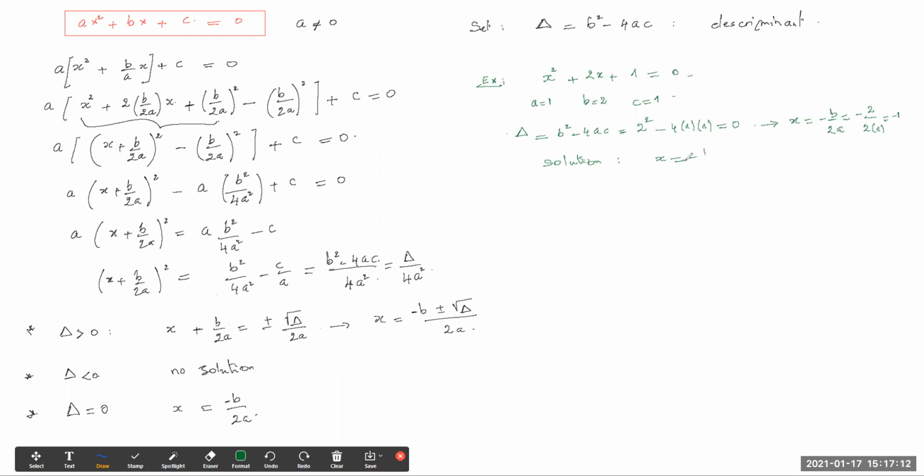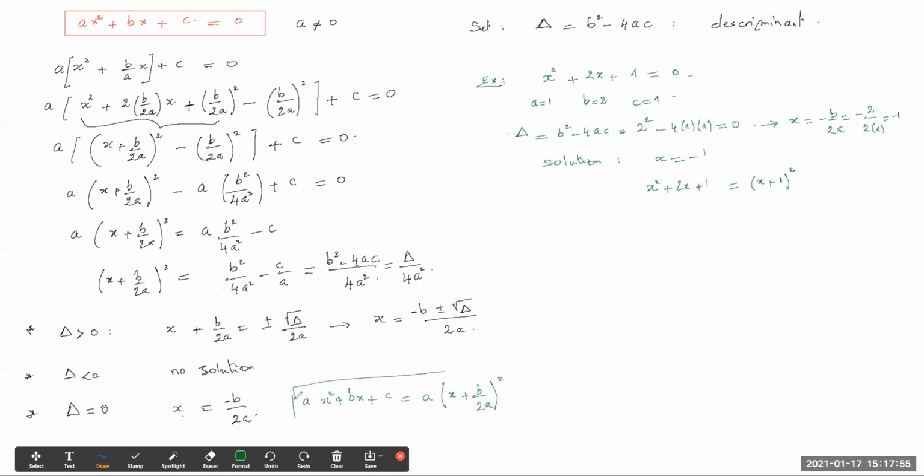At the same time, you can also factor your expression. Sometimes you need to do this work just for factoring an expression. So it's x minus minus 1, which is x plus 1 squared. For example, your expression ax square plus bx plus c, you can write it as a times x minus x0 squared, or x plus b over 2a squared.